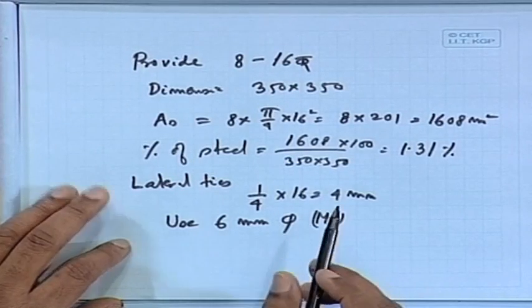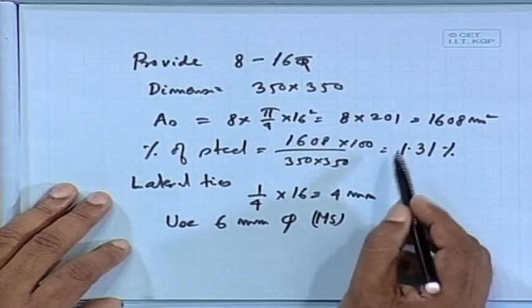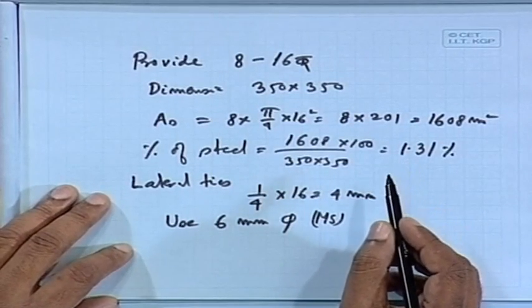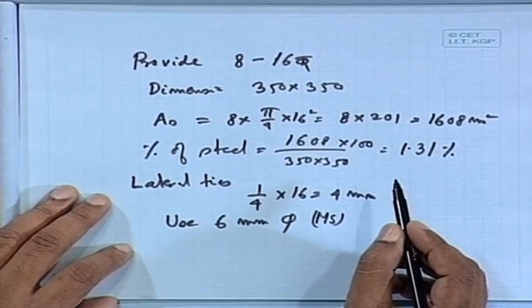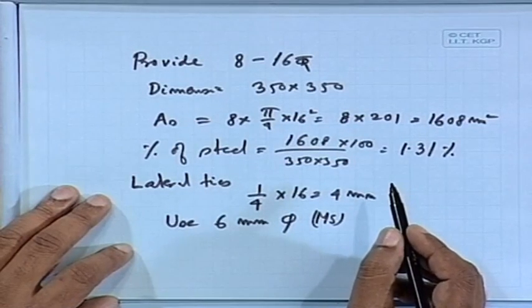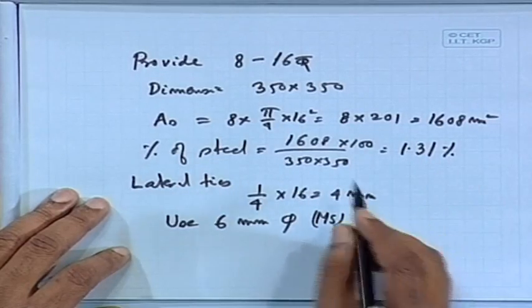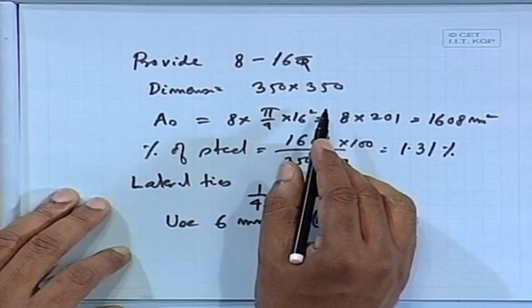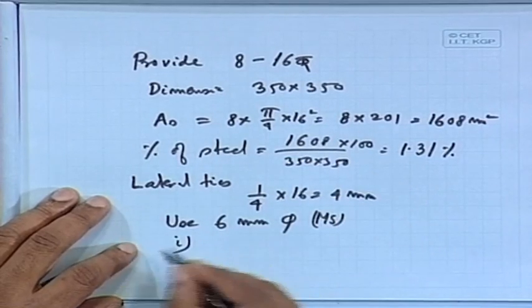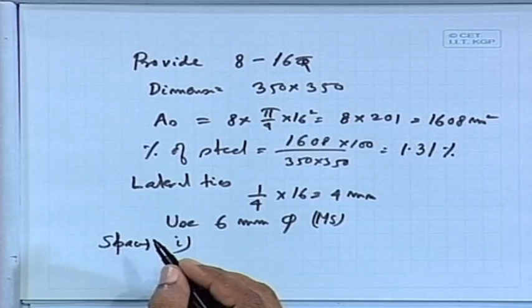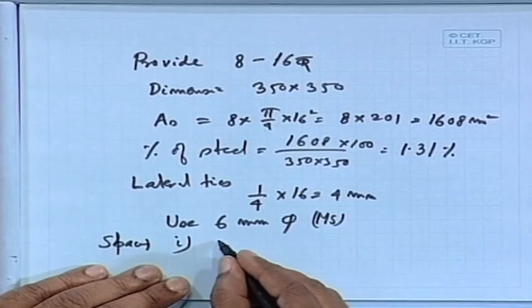What about the reinforcement? Sorry, that spacing. The spacing, we have 3 different cases. Number 1, your least lateral dimension, which is here 350 millimeter.